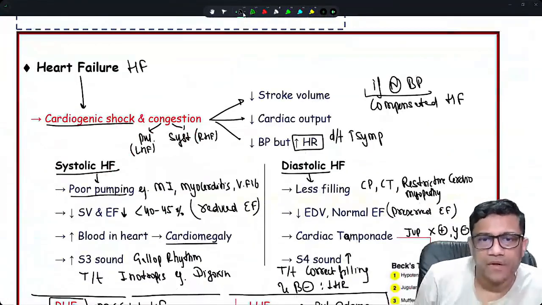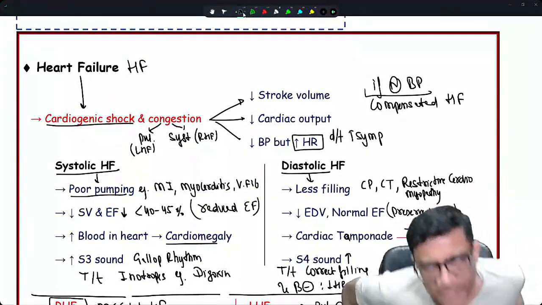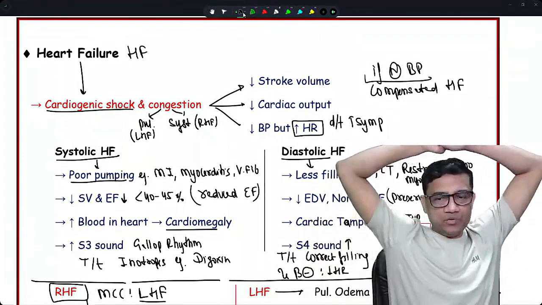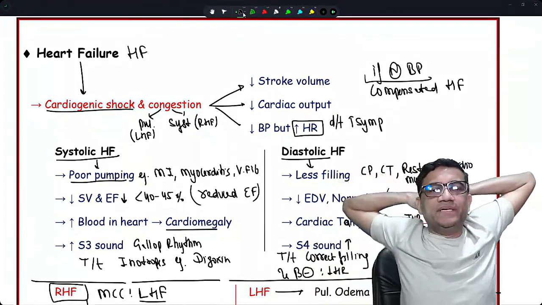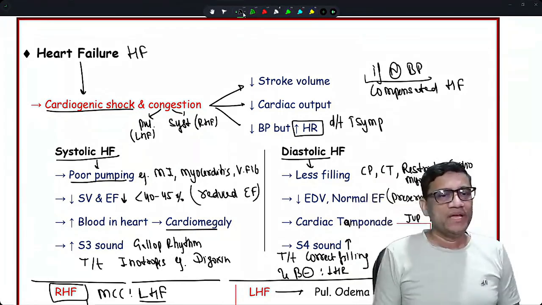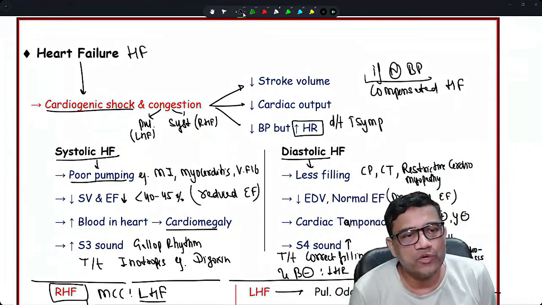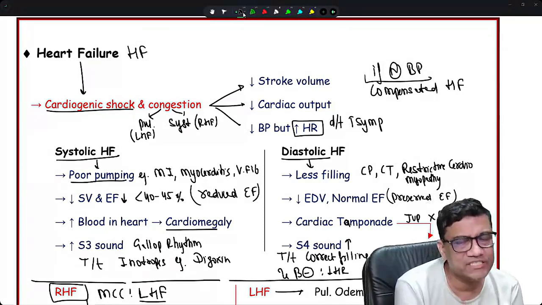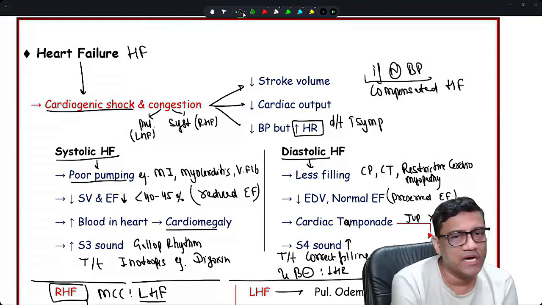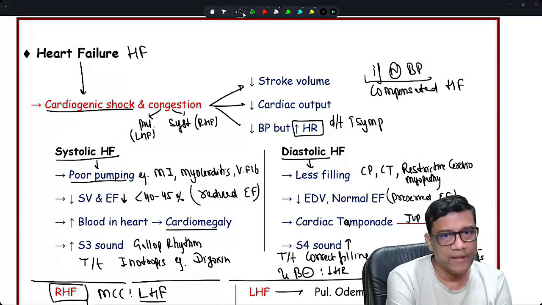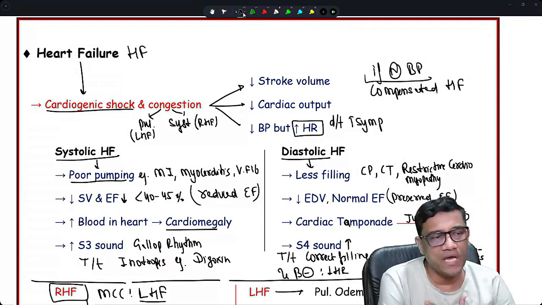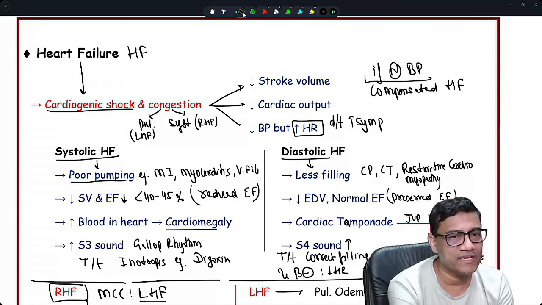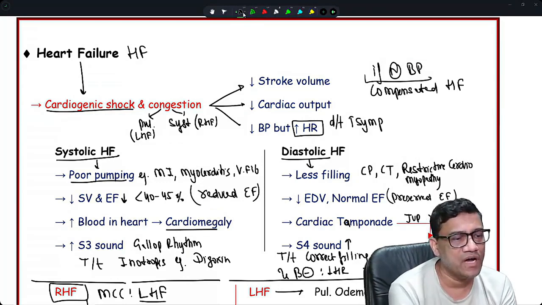Next is heart failure. What is heart failure? If the heart fails to pump blood properly, obviously the blood supply to the body is hampered. In heart failure, there is cardiogenic shock plus congestion. Congestion could be in the lung, pulmonary; if it is pulmonary, the most likely feature is left heart failure.